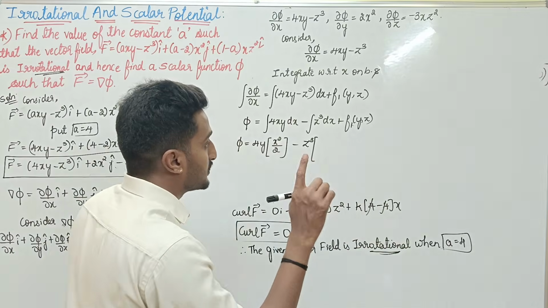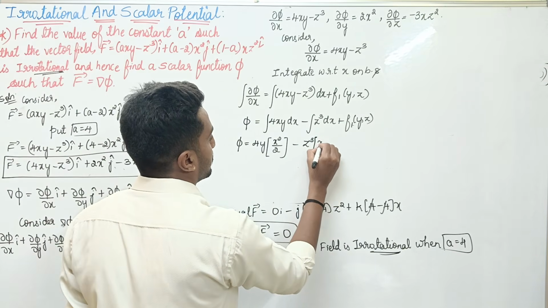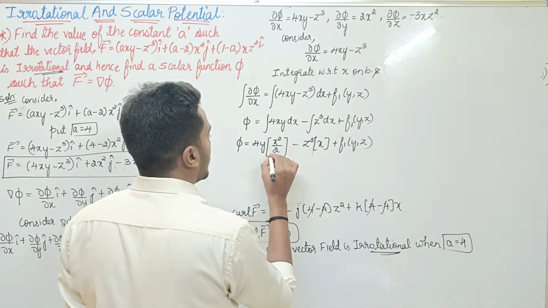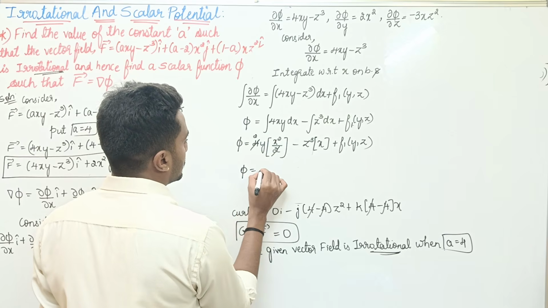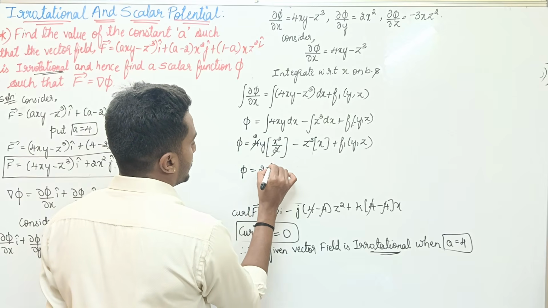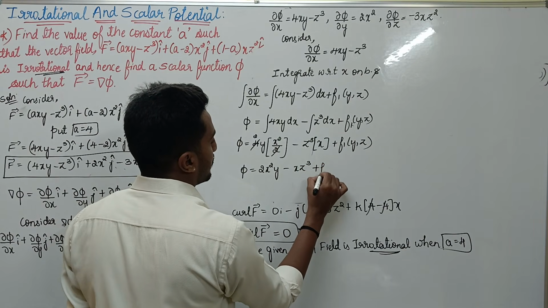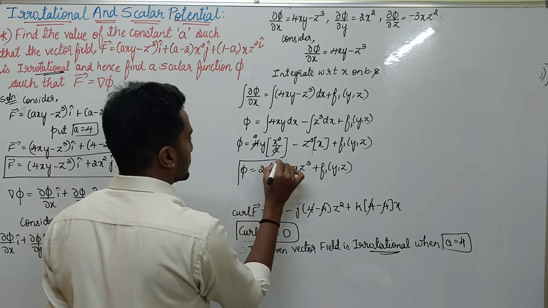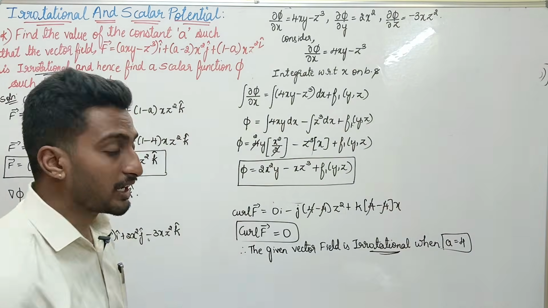Integration of 1 with respect to dx gives x, plus f1 of y comma z. The 2s get cancelled, and phi is equal to 2x square y minus x z cube plus f1 of y comma z. This is the first scalar function after integrating with respect to x.